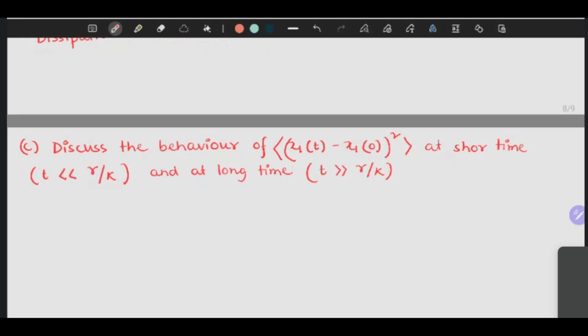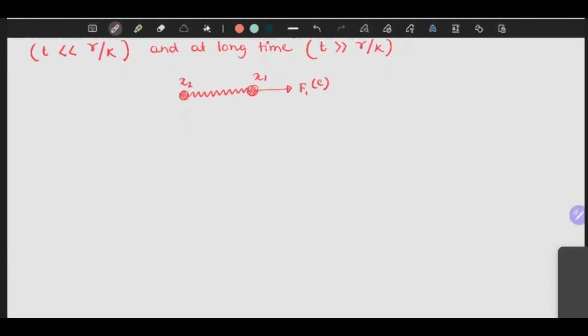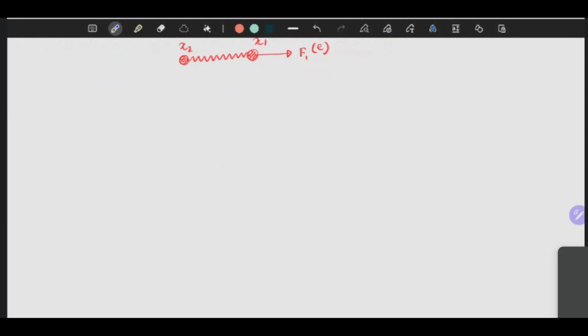Okay, basically the particle is like this. This is x2, this is x1, and this is drawn by this constant force F1e. So basically we'll write the equation of motion.